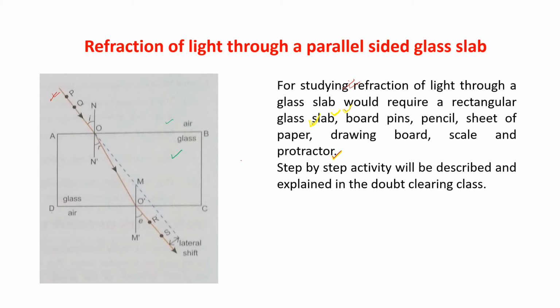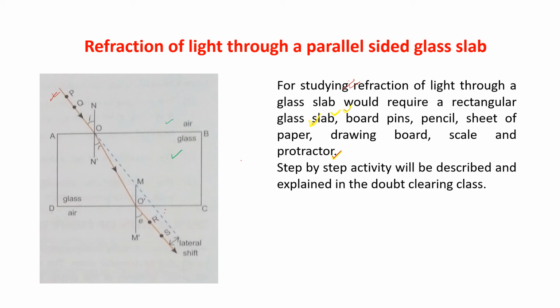Then again this line O dash is incident on the surface DC. From here again it is going out into the air medium.